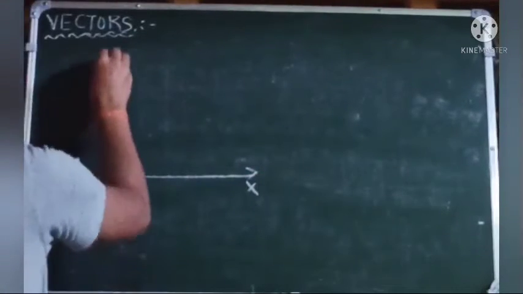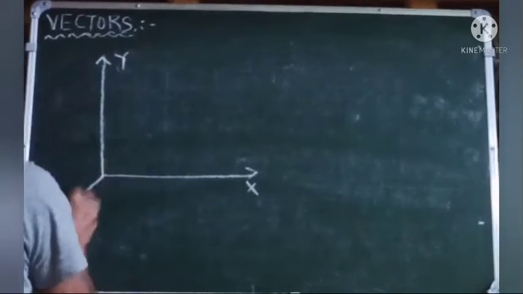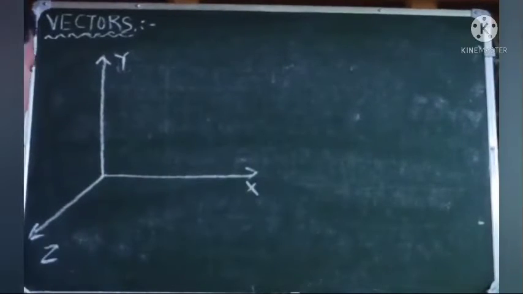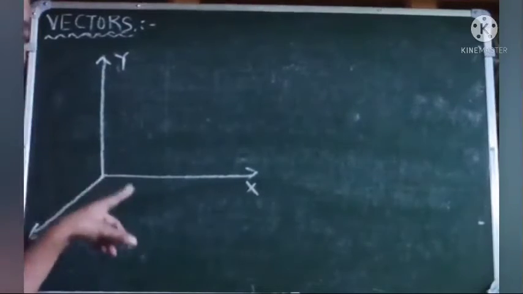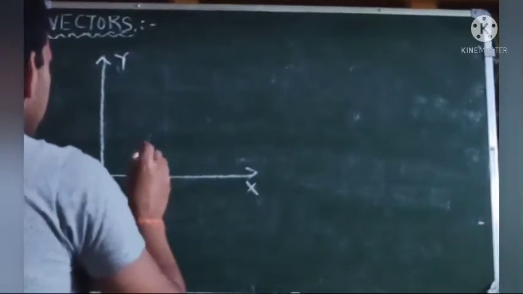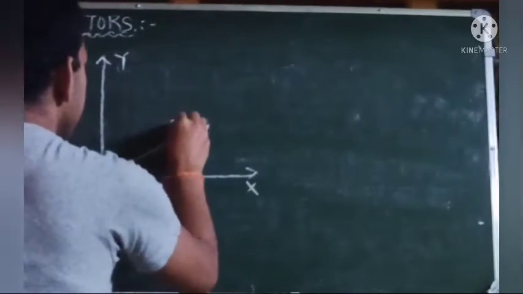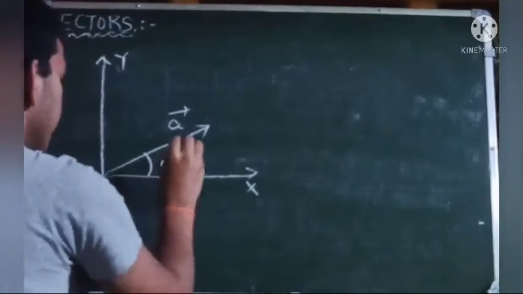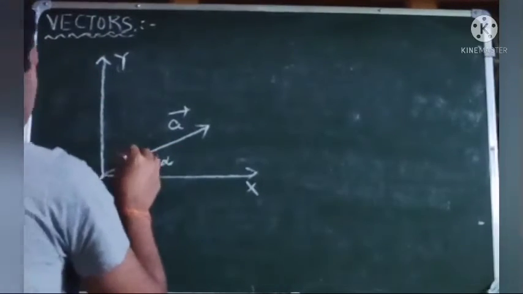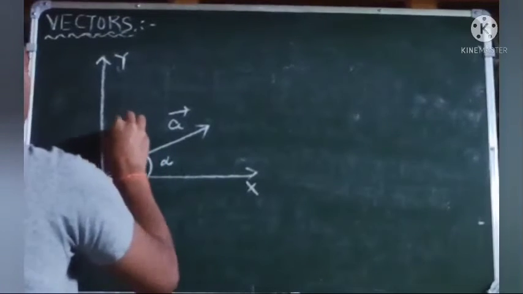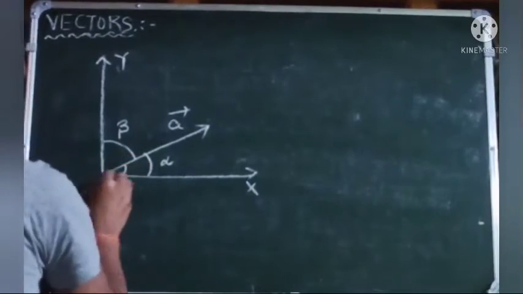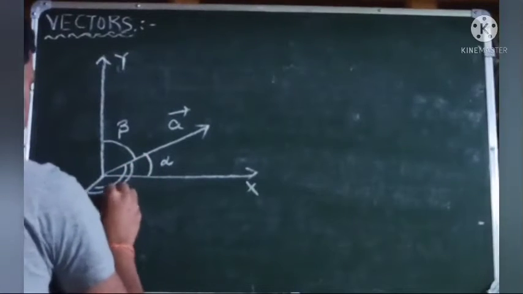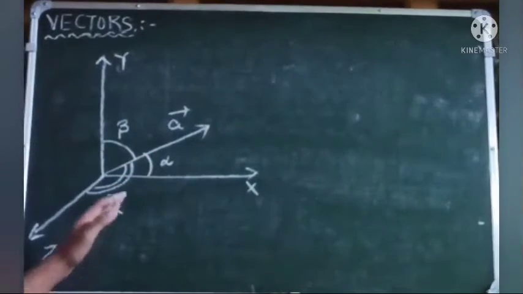Now let us draw the 3D plane. Suppose this is the x-axis, this is the y-axis, and this is the z-axis coming perpendicular out of this xy plane. Suppose this vector is a vector, and suppose it makes an angle of alpha with the x-axis, beta with the y-axis and gamma with the z-axis.